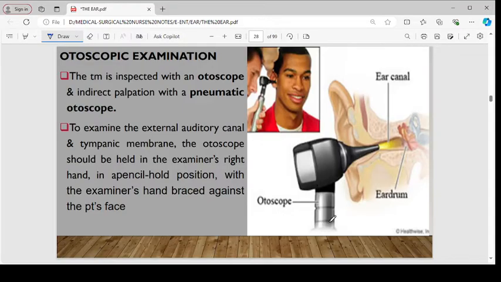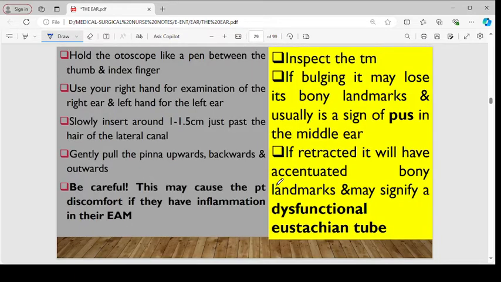The otoscope should be held in the examiner's right hand, like a pencil hold position, with the examiner's hand pressed against the patient's face. You hold the otoscope like a pen between the thumb and the index finger. You use your right hand for examination of the right ear and left hand for the left ear.